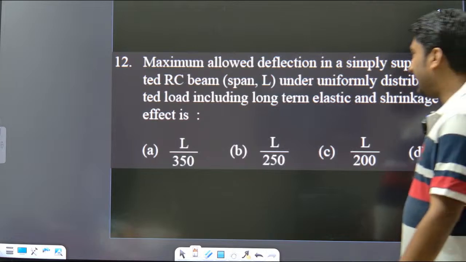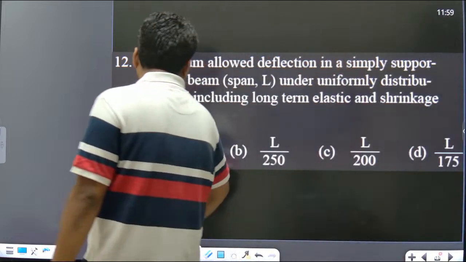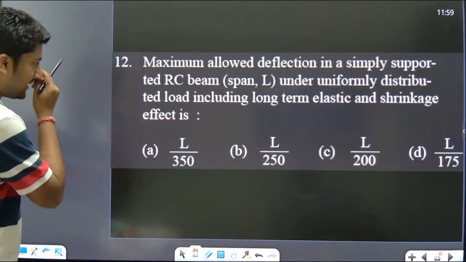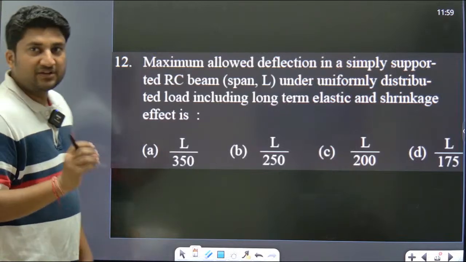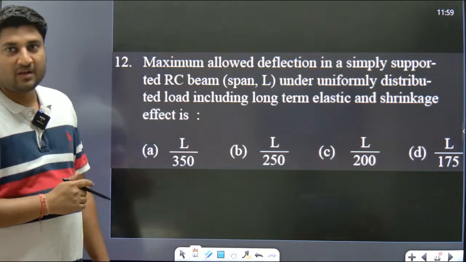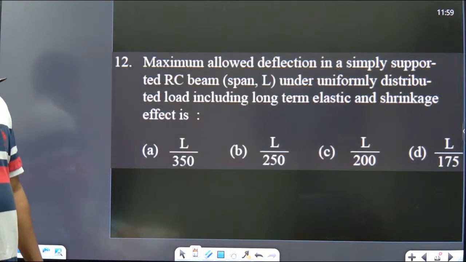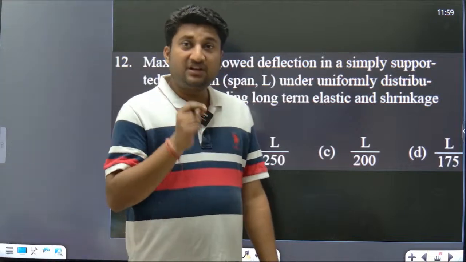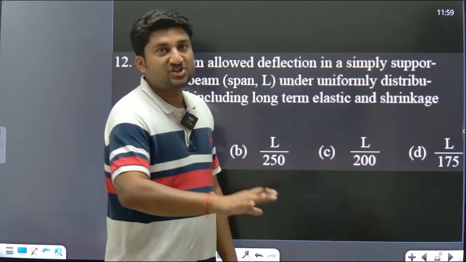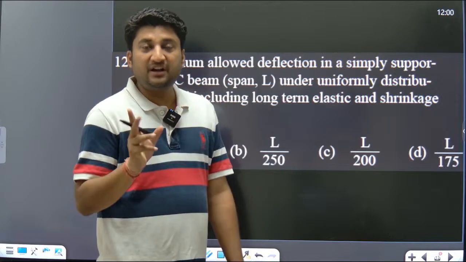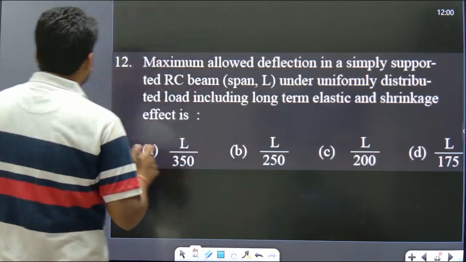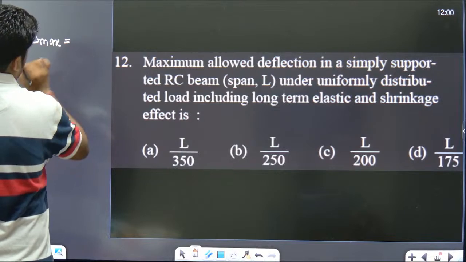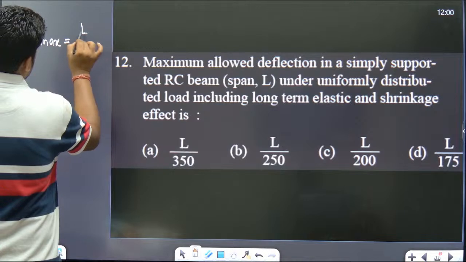Now, maximum allowed deflection in a simply supported RC beam of span L under uniformly distributed load, including long-term elastic and shrinkage effect. Whenever you have considered shrinkage, creep, load, temperature effects, the maximum permissible deflection is L upon 250.